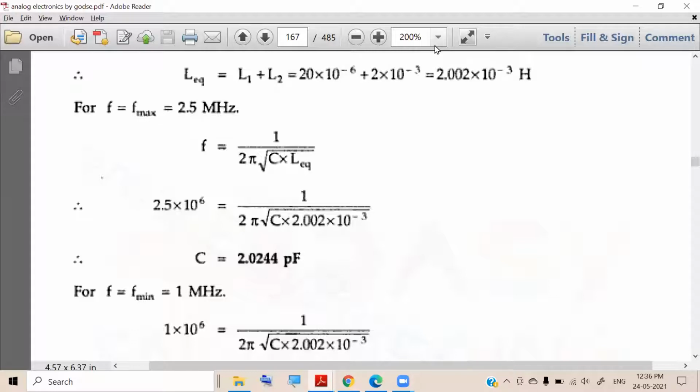Remaining students, try to answer. This is your undergraduation, isn't it? You should have interest. You should run behind teachers. I want to learn, isn't it? Because who is paying fee? You are paying fee, right? You should learn. So I'm giving you all the facilities.